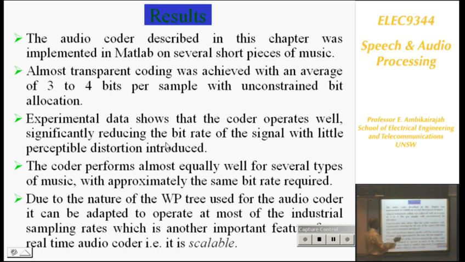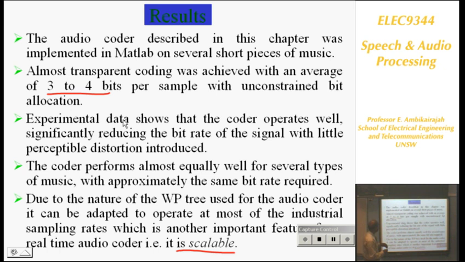So we have implemented this in MATLAB, and we found that transparent coding is possible at, on average, 3 to 4 bits per sample with unconstrained bit rates. It's a scalable audio coder. We can go further down from 3 to 4 bits to 2 bits by using temporal masking, which I haven't explained here.